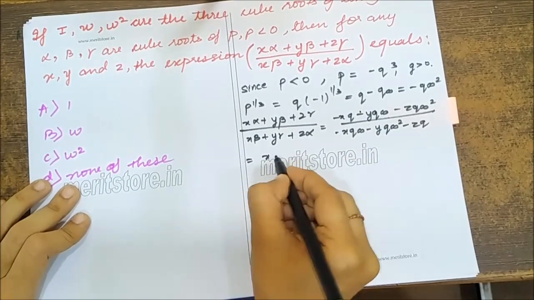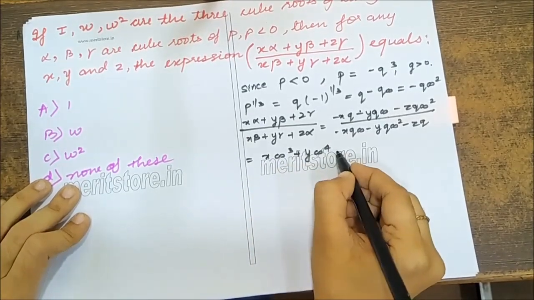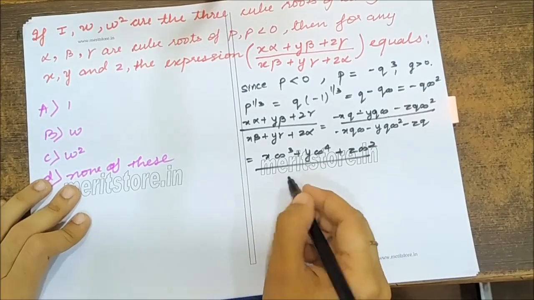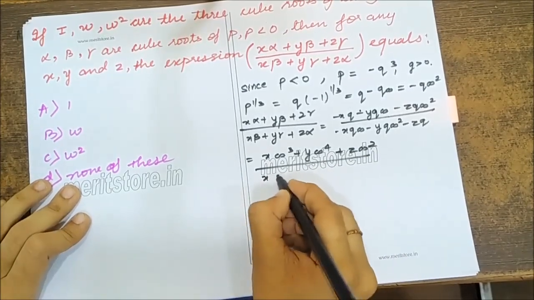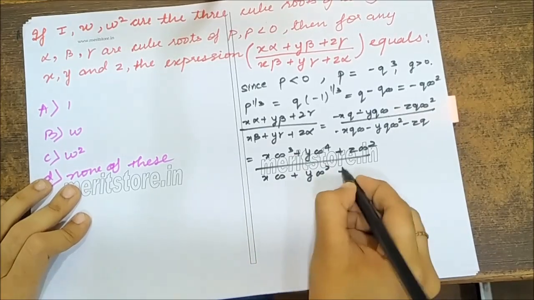So X unity cube Y x raised to 4 Z x raised to square upon X unity plus Y unity square plus Z.